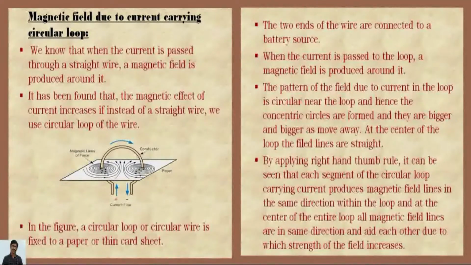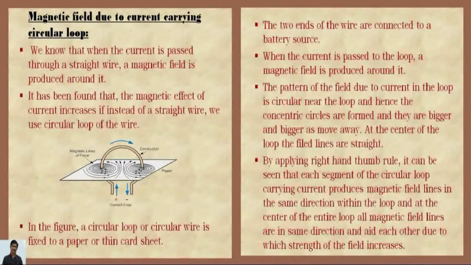magnetic field due to a current carrying circular loop or circular wire. We know that when current is passed through a straight wire, a magnetic field is produced around it.